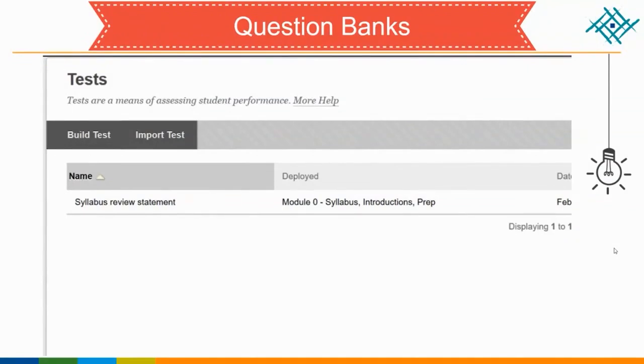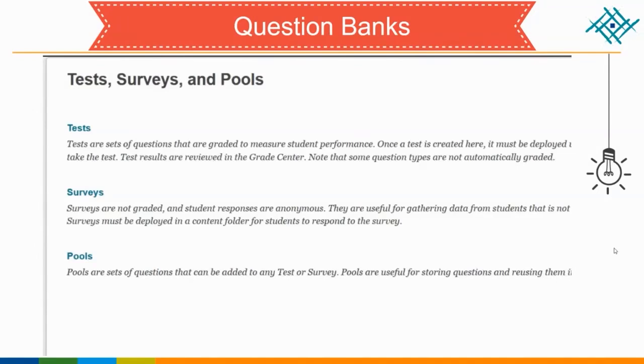But we want to create a 45 question test that pulls questions randomly from a pool of 75 questions. This will result in each student getting essentially a different test, different questions in a different order.